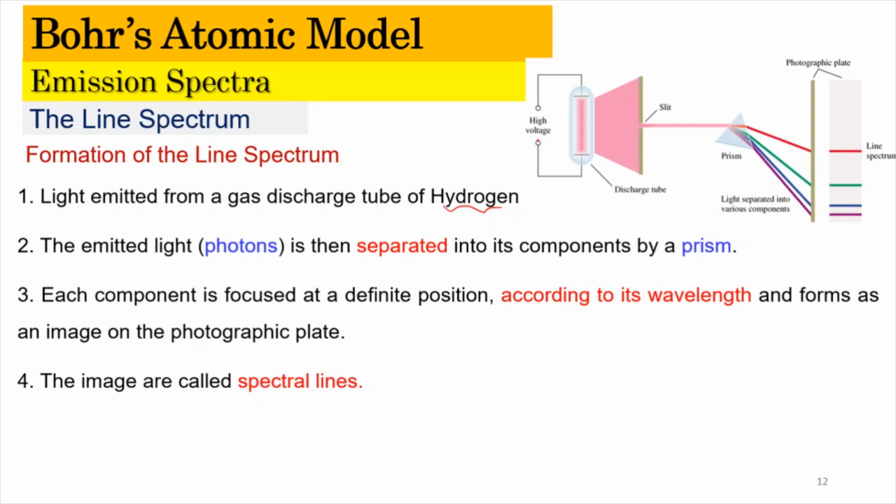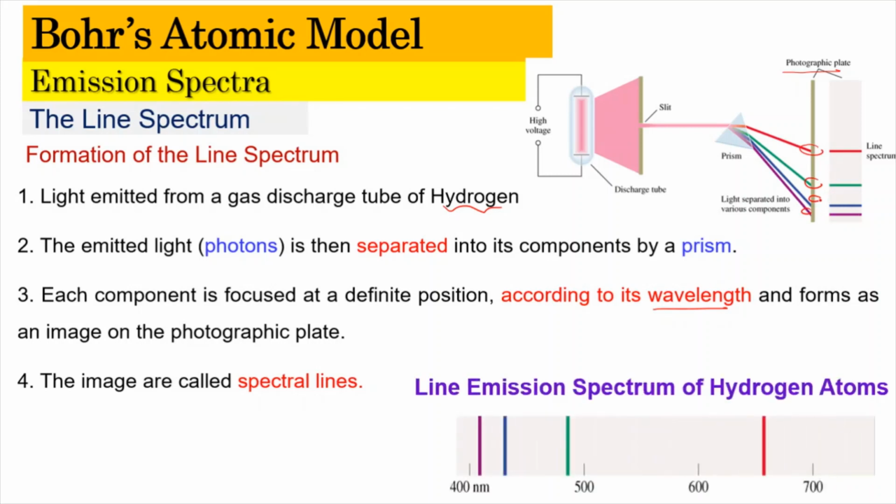Using a high voltage, the emitted light of photons is separated in the prism, where initially the light of the hydrogen passes through a slit, and when it passes through a prism, it is separated according to its wavelength, and this image is translated on the photographic plate. And this is going to only produce certain lines here. For example, a red color line, a green color line, the blue as well as the purple color line here.